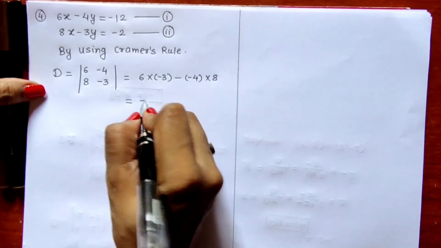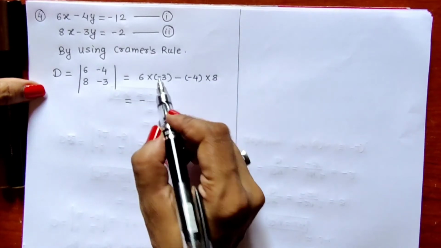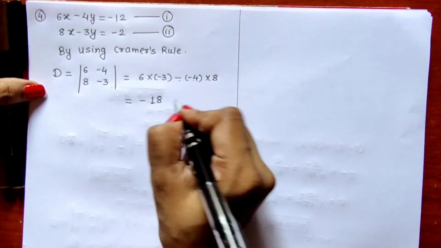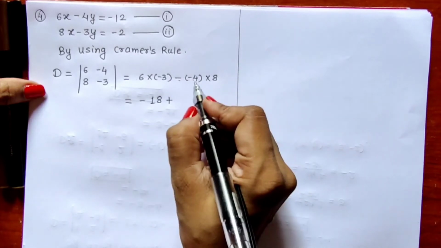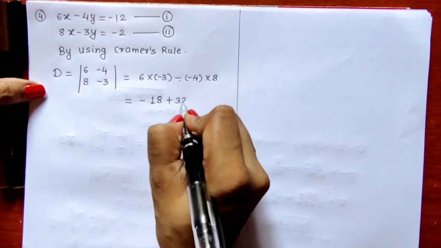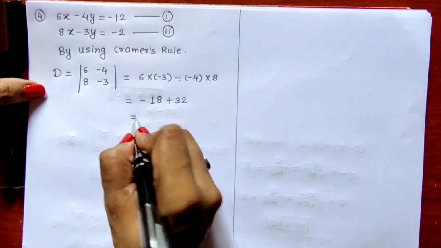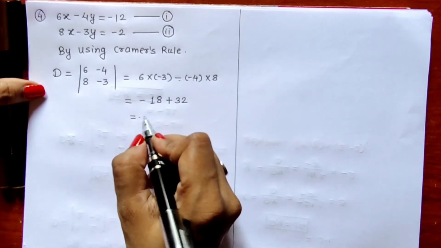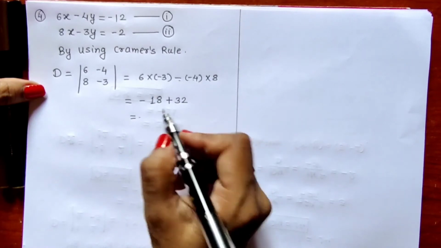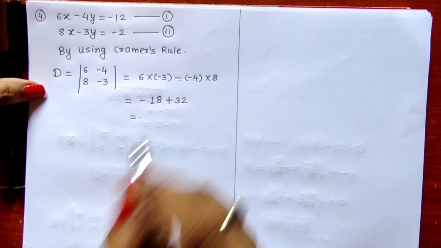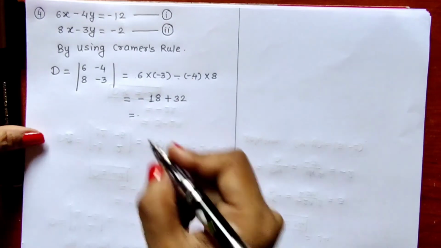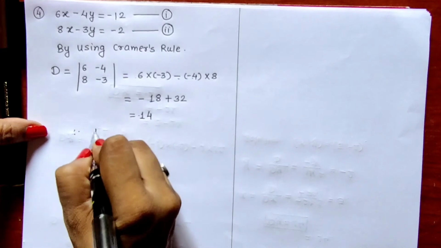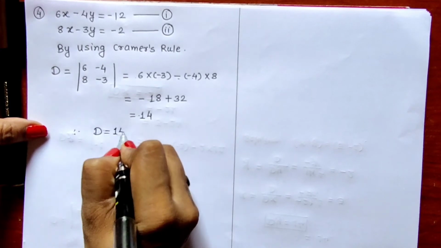So 6 into -3, plus into minus will be minus. 6 3s are 18. Now here minus minus will become plus sign. 8 4s are 32. Plus minus will become minus, and sign of bigger number, that means the answer will have plus sign. Plus sign we don't write. 32 minus 18, what will be the answer? 14. And therefore d is equal to 14 we have got.